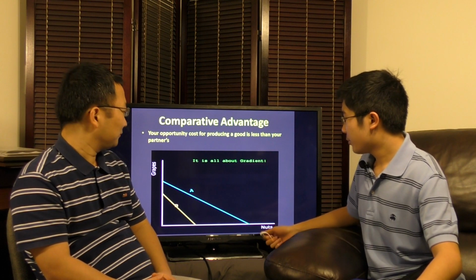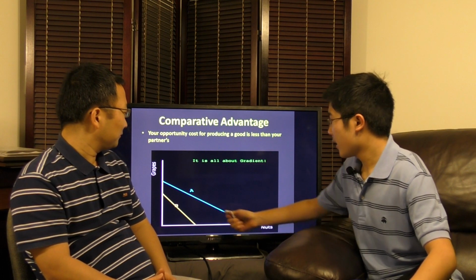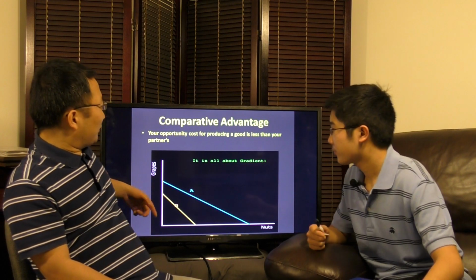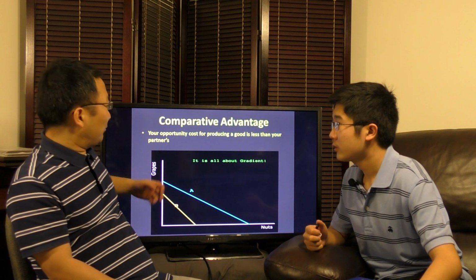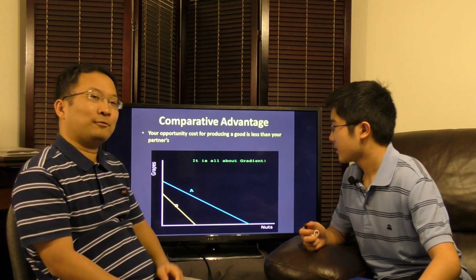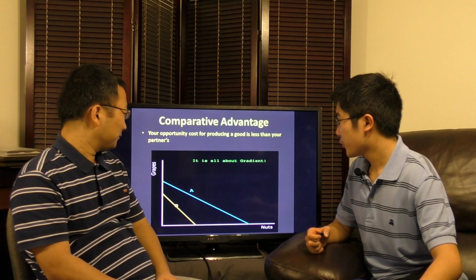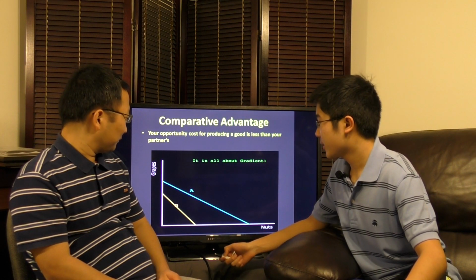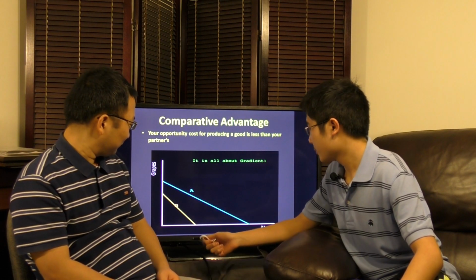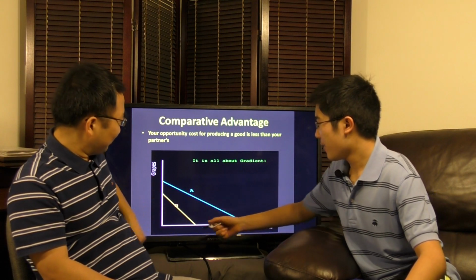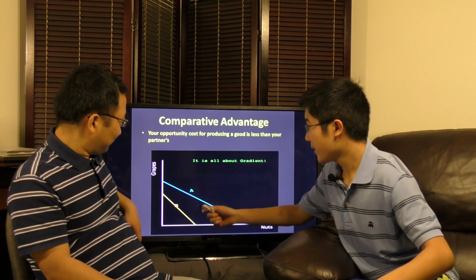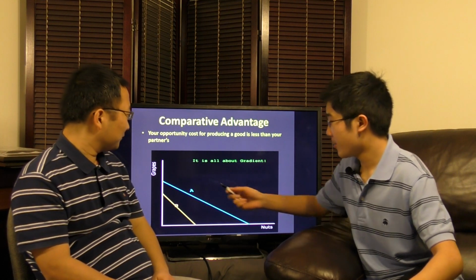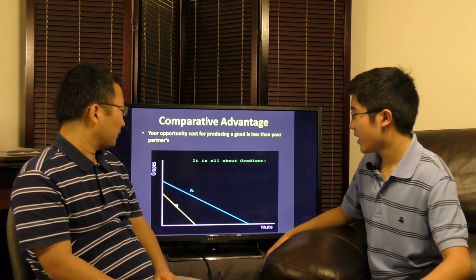However, it has the lesser slope in nut production, so a lesser opportunity cost in nuts compared to country B. That means grapes, comparatively speaking, are more expensive than nuts for country A. So nuts are comparatively cheaper in country A than in country B, while comparing to country A, grapes are cheaper in country B in terms of opportunity cost. So country B has the comparative advantage in grapes, and country A has a comparative advantage in nuts.